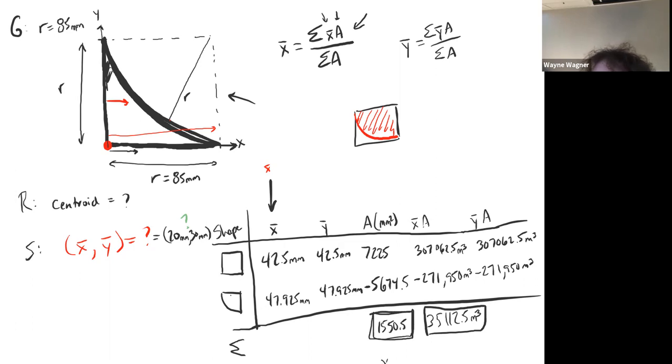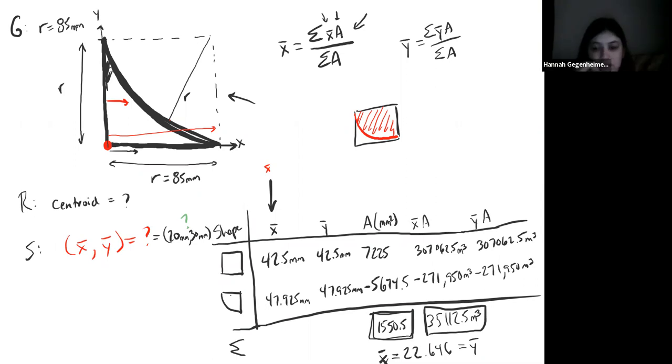So X bar equals that divided by 1550.5 equals, that's interesting. I wonder if we made an error somewhere. 22.646. And notice that's also Y bar because they're the same.